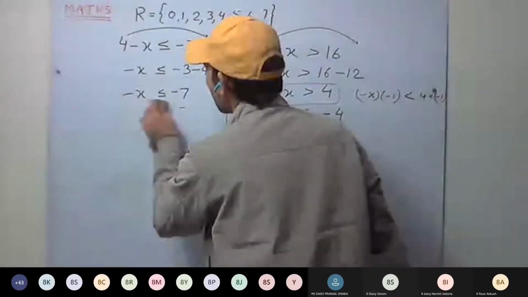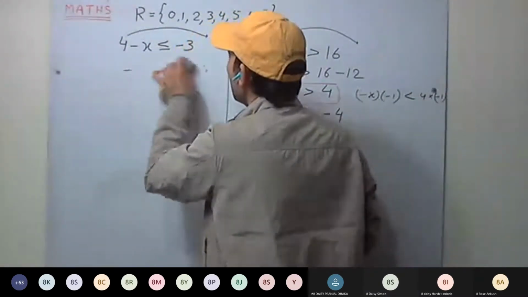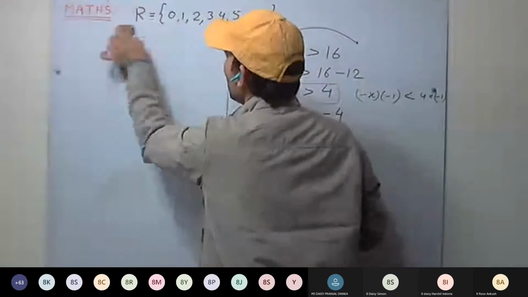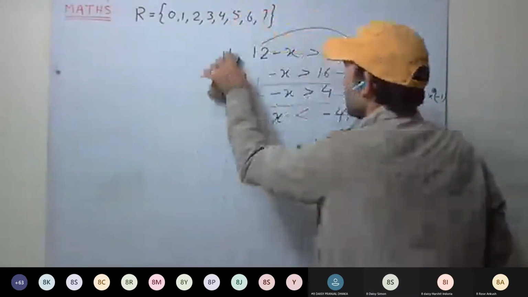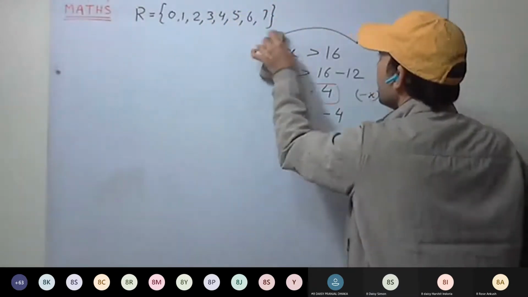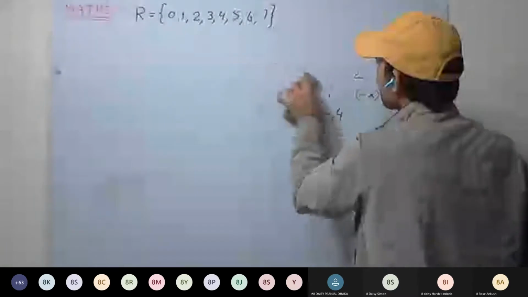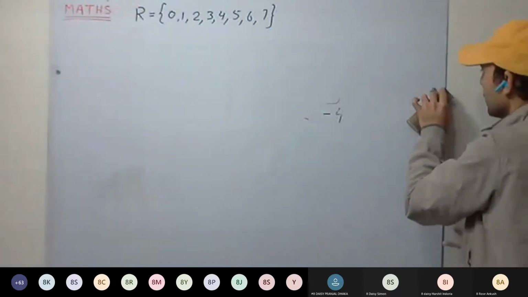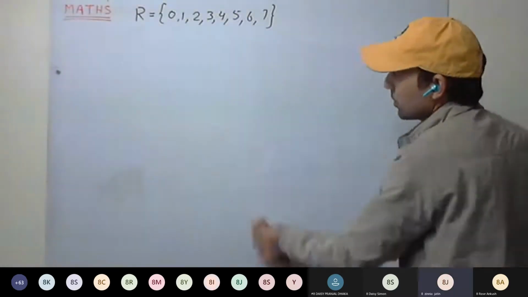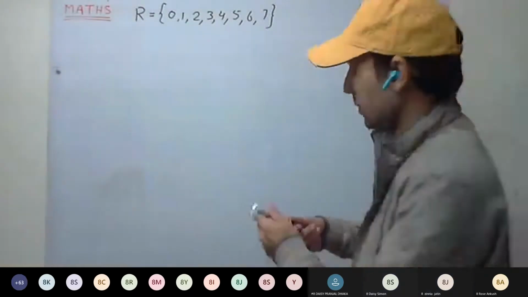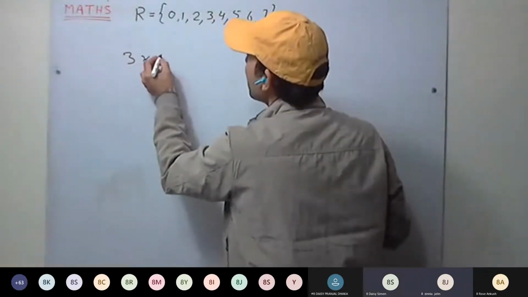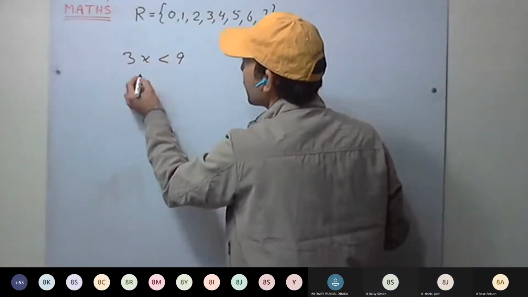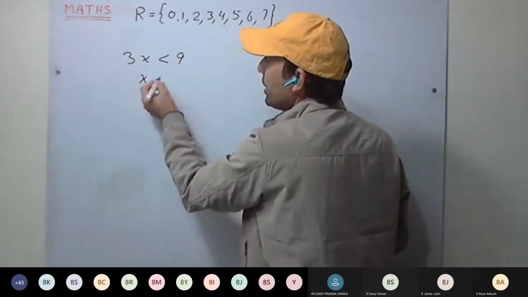3x less than 9. X less than 3. 3x less than 9, we will divide by 3.